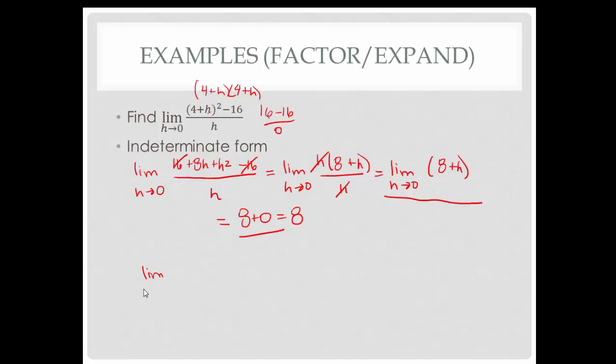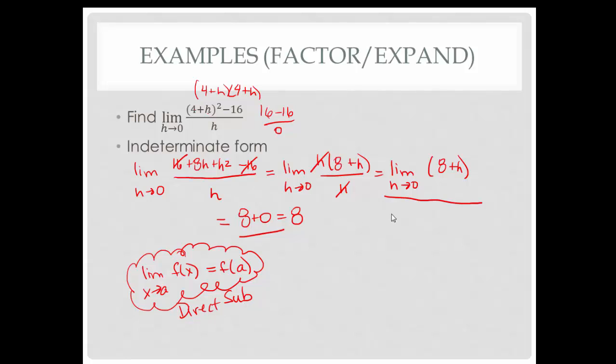I used the direct substitution property that, assuming you're looking at a polynomial or a rational and a is in the domain, the limit as x approaches a of f of x equals f of a. Notice the left side has a limit, the right side doesn't. This is direct substitution. Only once you direct sub are you allowed to drop that limit. You cannot write this entire problem down without the limit sign in front, or you're going to lose points for that.